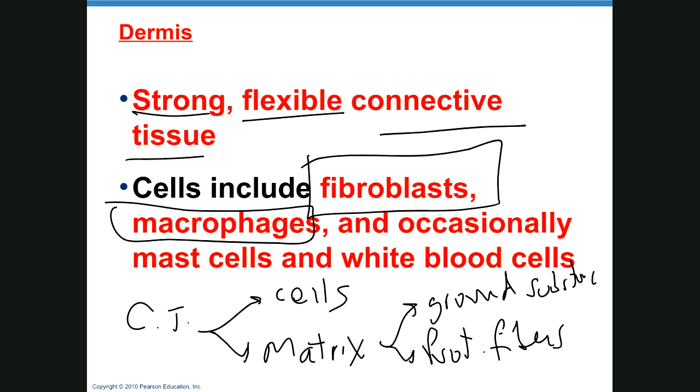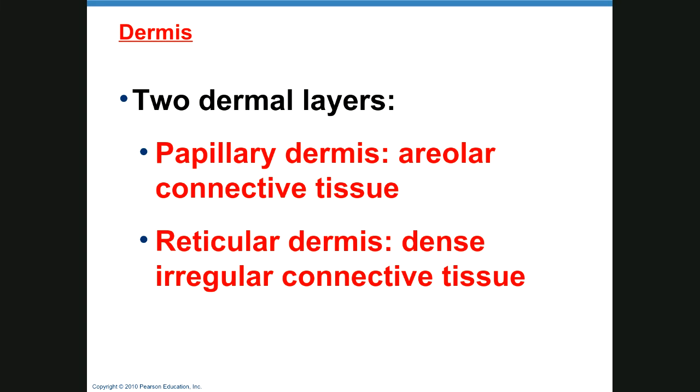Okay, so those are the kinds of cells that we find in the dermis. Definitely remember the fibroblasts, because those are the cells that are going to create the ground substance and the protein fibers. Now, the dermal layer is made of connective tissue, and is actually made of two different types of connective tissue.